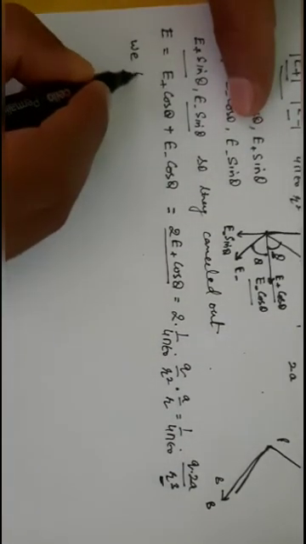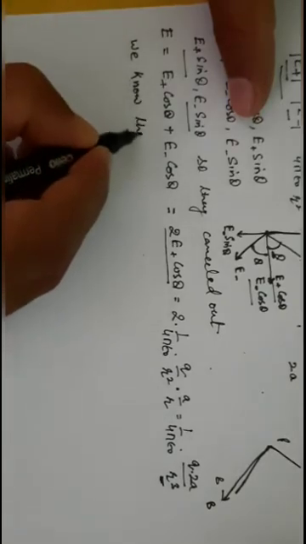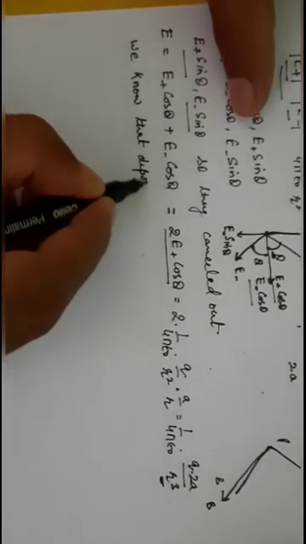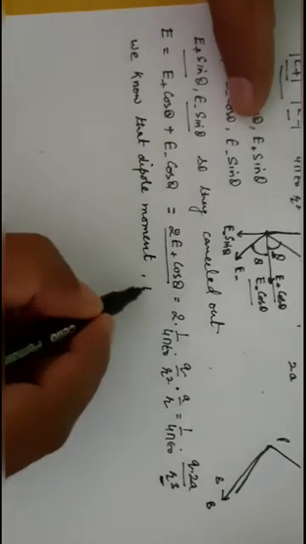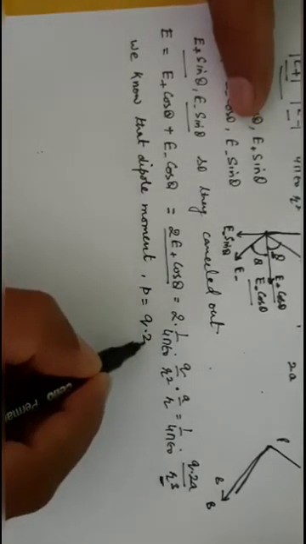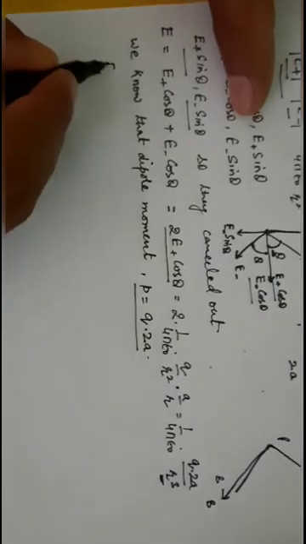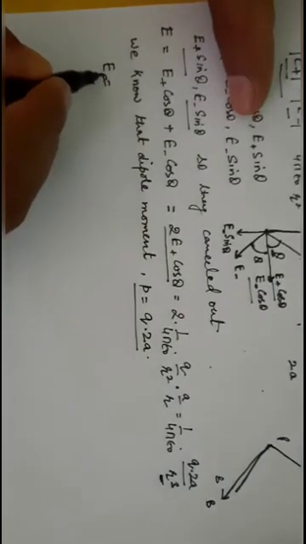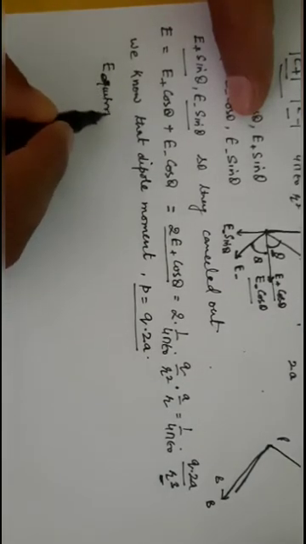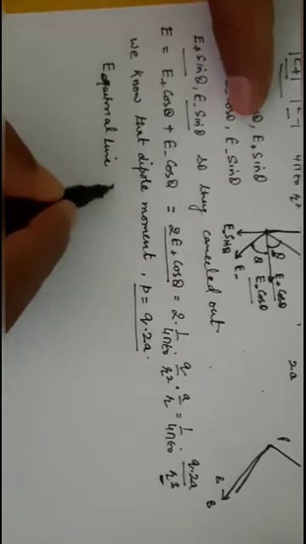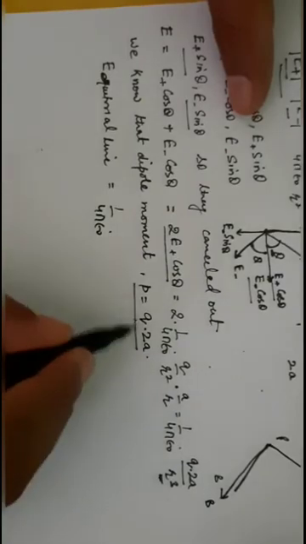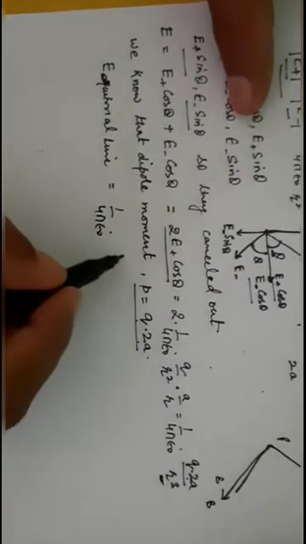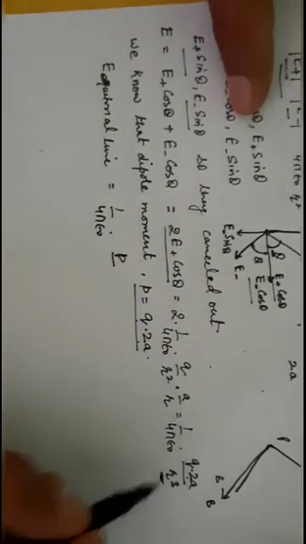So we know that dipole moment P is q into 2a. So the electric field due to equatorial line is equal to 1 upon 4 pi epsilon naught q into 2a, this is also q into 2a, it is P divided by this small r cube.